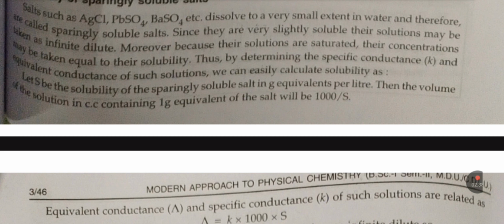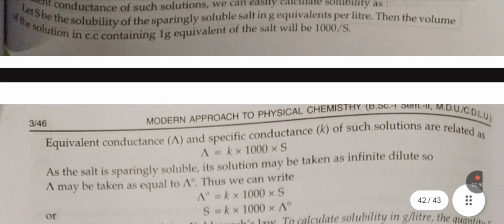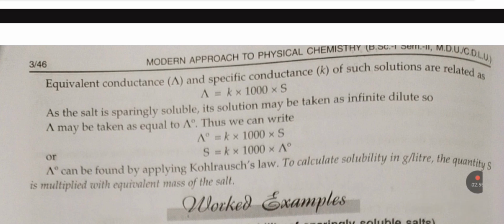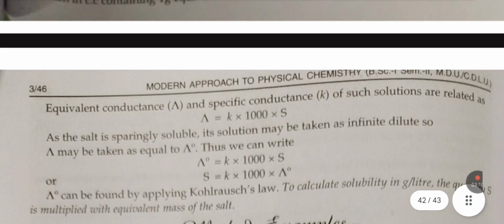Let S be the solubility of the sparingly soluble salt in gram equivalent per liter, then the volume of the solution in cc containing 1 gram equivalent of salt will be 1000 by S. Equivalent conductance and specific conductance of such a solution are related as lambda equals kappa into 1000 by S. As the salt is sparingly soluble, its solution may be taken as infinitely dilute.